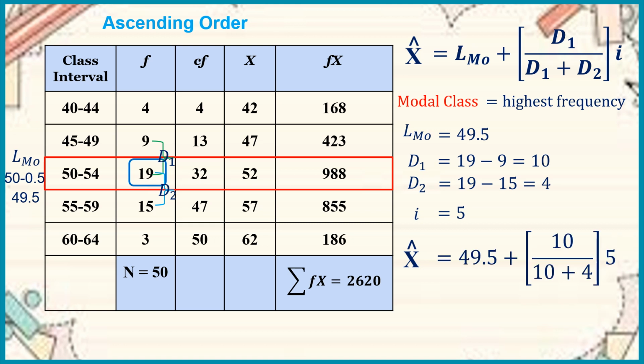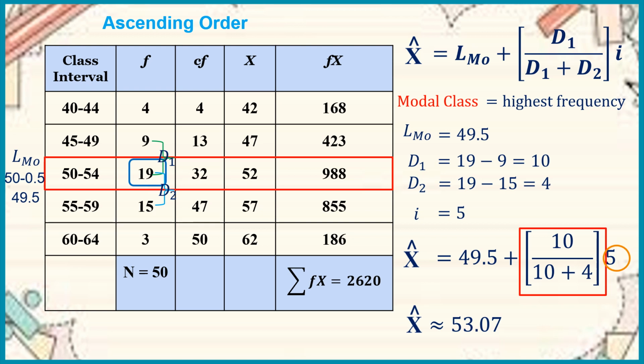So mode is equal to 49.5 plus 10 over 10 plus 4 times 5. We are going first to compute for this one. So 10 divided by 14 times 5, then plus 49.5, which is equal to 53.07, correct to 2 decimal places.